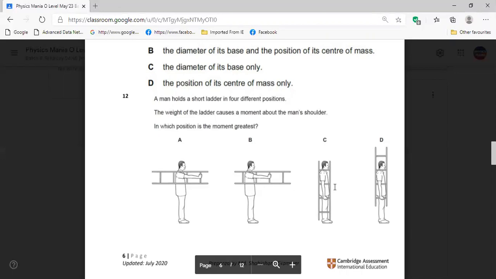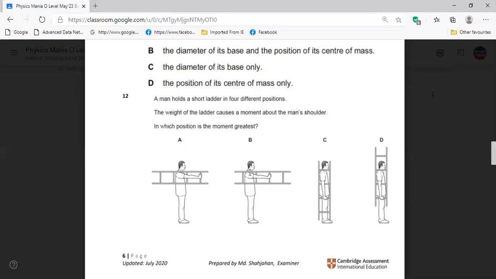They are saying the moment should be greatest, right? Where is the pivot? The pivot is the shoulder, right? So from the pivot, you see the distance of the force.